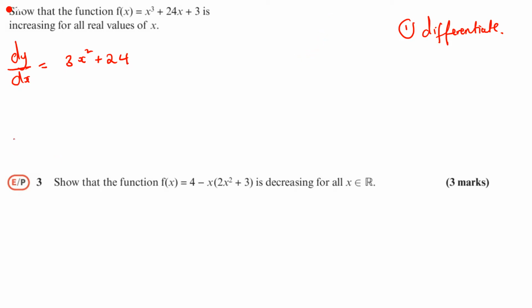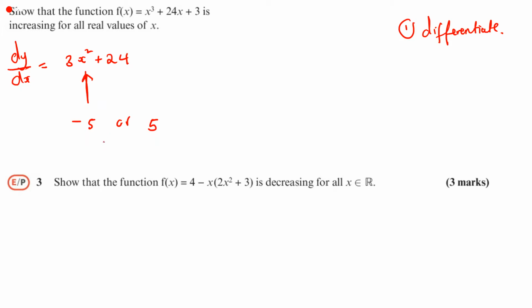To show that, we can prove it by looking at the values of 3x squared plus 24. If we place any value in for x, whether it's a negative value or a positive value, we always get a positive answer.